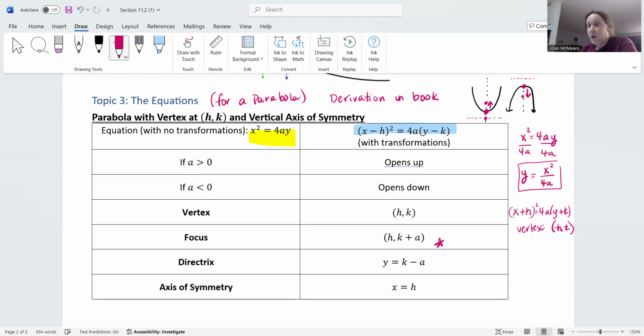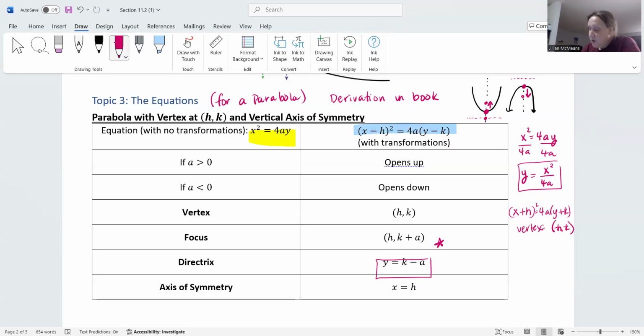So we focus on the y coordinate of the vertex, and we add, or in this case subtract, whatever a is. If a is positive, we just subtract regular a. If a is negative, we end up kind of secretly adding a. All you have to do is take the y coordinate of your vertex and subtract the a value that you find from your equation, and your directrix is going to be the equation y equals something. It is a line, so we write it as y equals something.